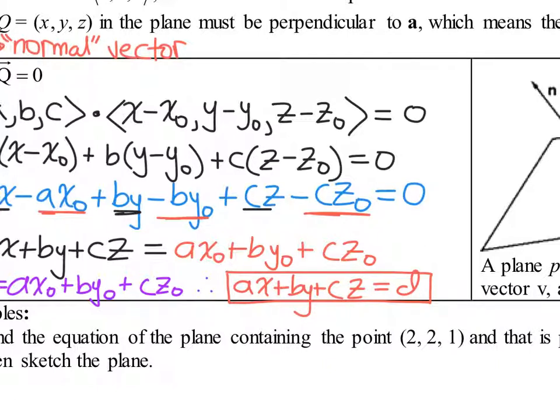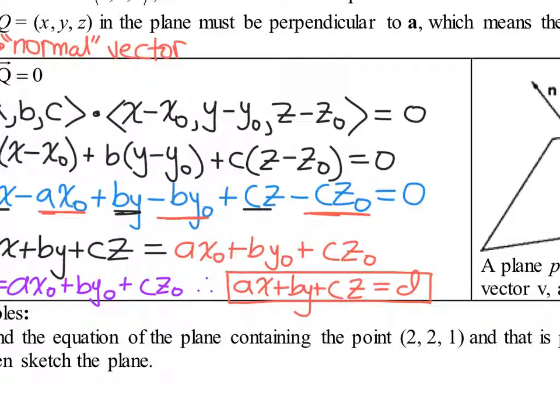It's not exactly a dot product, because if we think of x sub o, y sub o, z sub o as a coordinate, an ordered triple, you don't dot a vector against a coordinate. But you can easily create a vector from a single point.